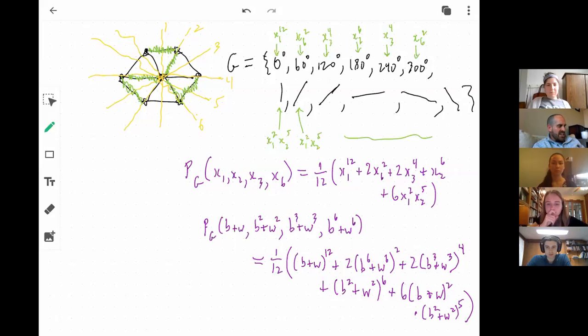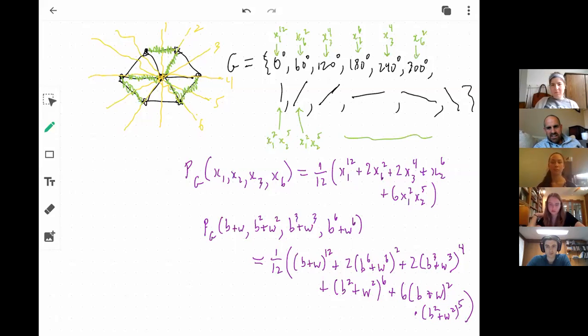Do they ask you to extract any coefficients? Not on that one. Okay. This one isn't so obnoxious. You could actually extract coefficients by hand on this one, because all of these are just binomials.